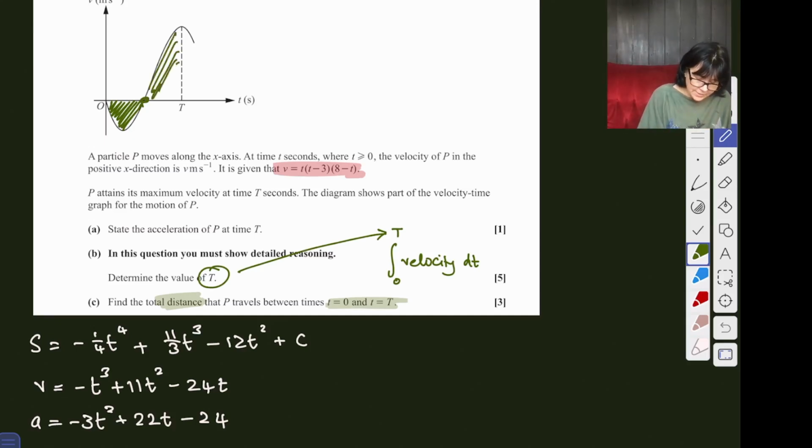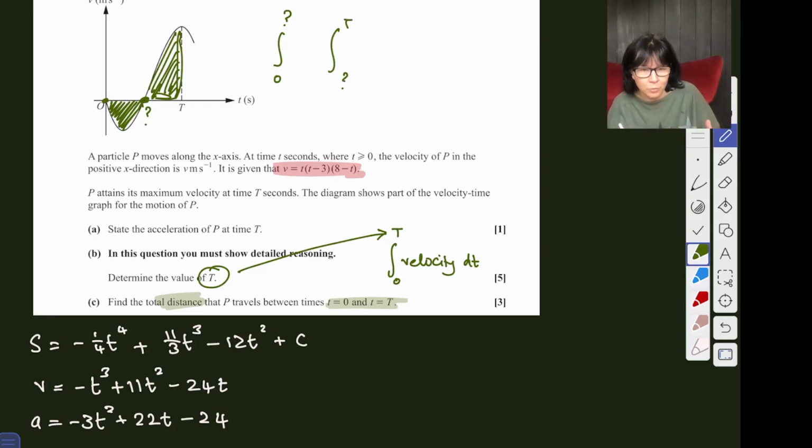So if I want to know the distance, then I need to integrate from T is 0 to that point there, and then from that point there to capital T. The first one will come out negative, we'll ignore the minus sign and we'll add them together. So how am I going to find that question mark? Well, they've given me the equation of V. This is the equation.